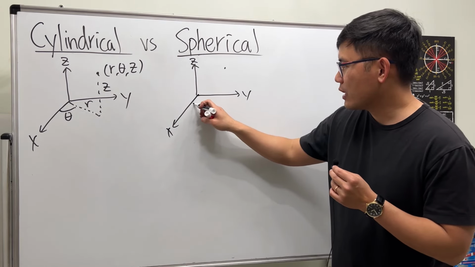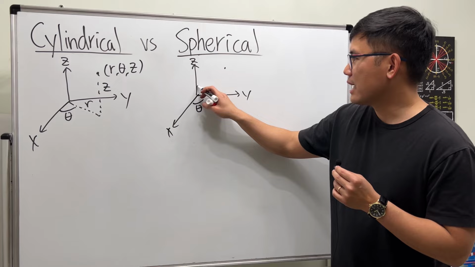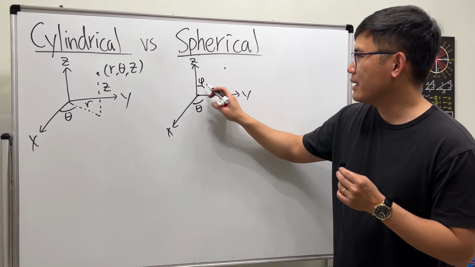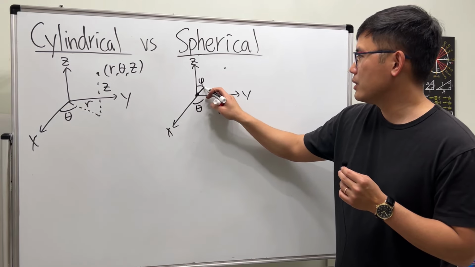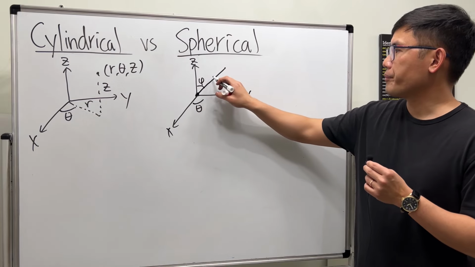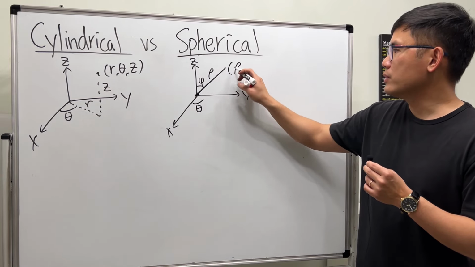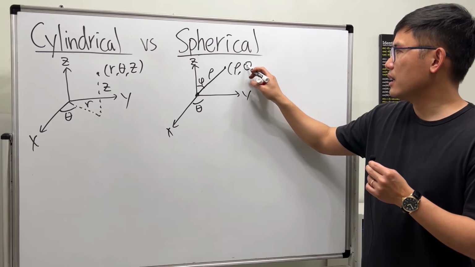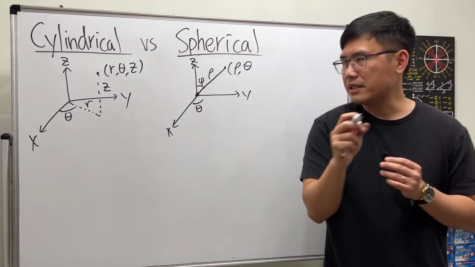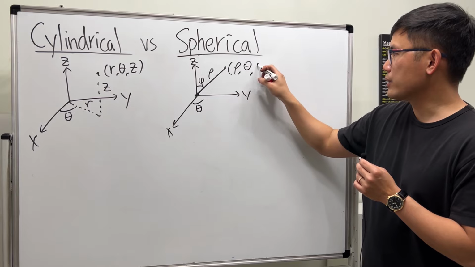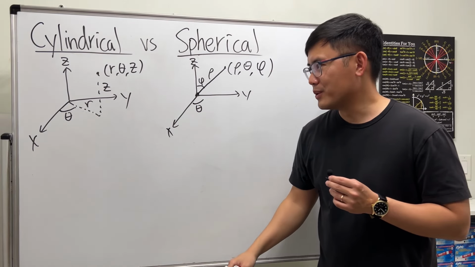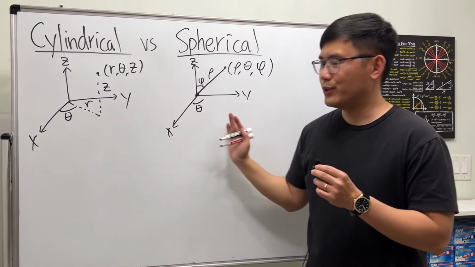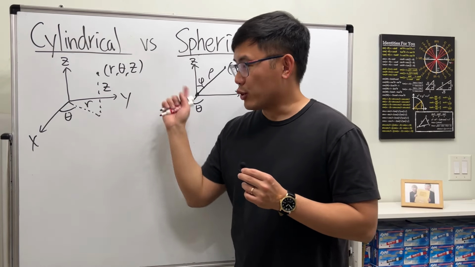So this is how I rotate my body, and then this is how I rotate my arm, and then I will go up from here to here. So the first thing is rho, the distance from the origin to this point, and then the second thing is the first rotation of my body, and then the second rotation, v. Now you know the deal. How can we go from here to here? And then go backwards too.